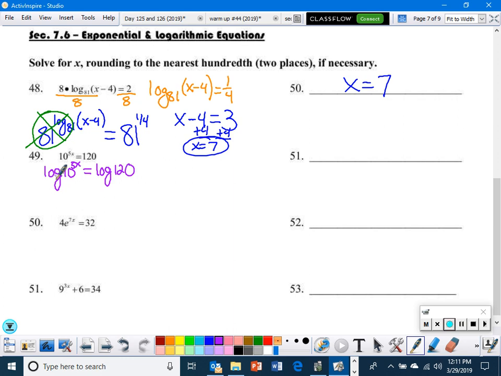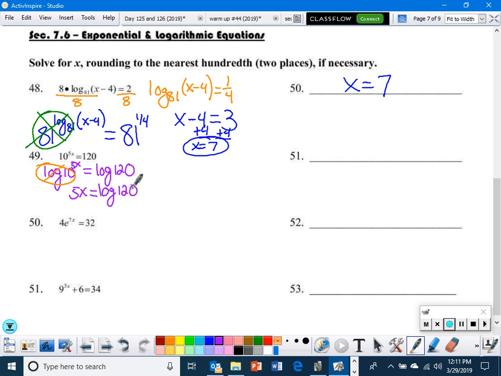Okay, that's the base of 10, remember. And so what happens when I do that is the log 10, again, that disappears because it cancels, and I'm left with the 5x equals the log of 120.